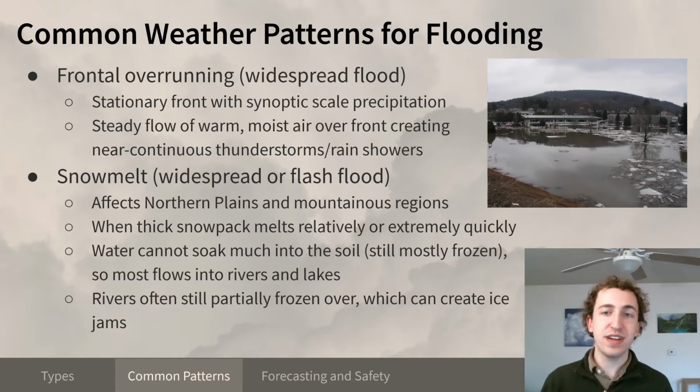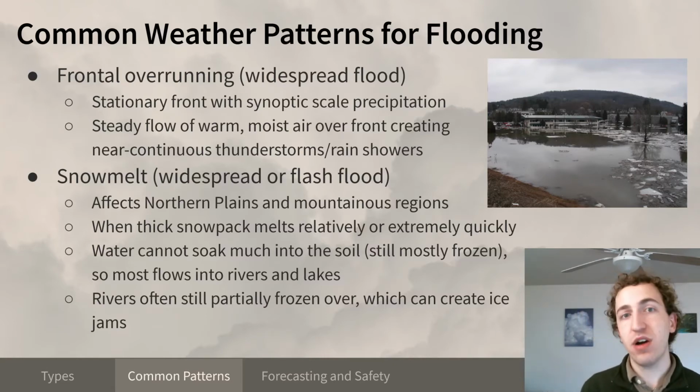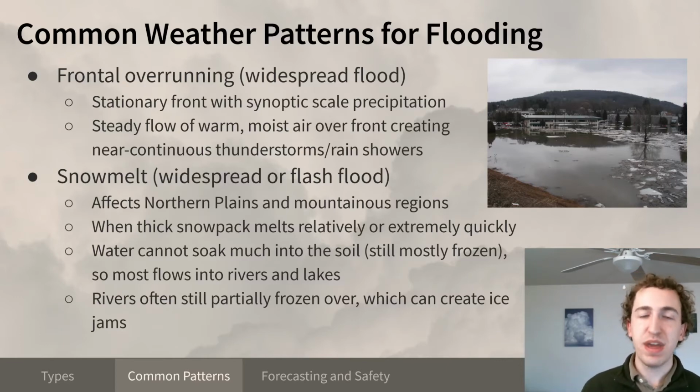That creates continuous or near continuous rain showers, thunderstorms, and areas of precipitation. You just keep on getting warm, moist air that keeps on producing this precipitation as it overruns the front, which can make a lot of water in a particular watershed, which can then build up and cause widespread flooding.